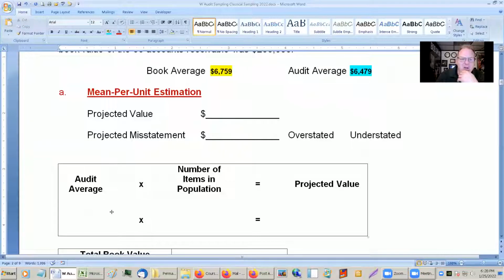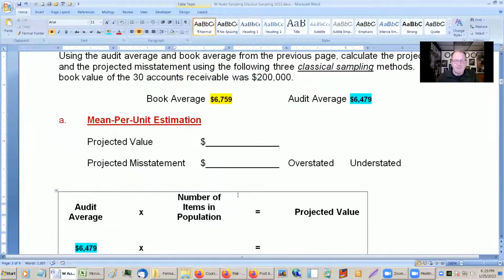Okay, so what we're going to do is take the audit average, in this case 64.79. We're thinking that everything in that population should be the same as our audit average, so everything in that population should be 64.79.